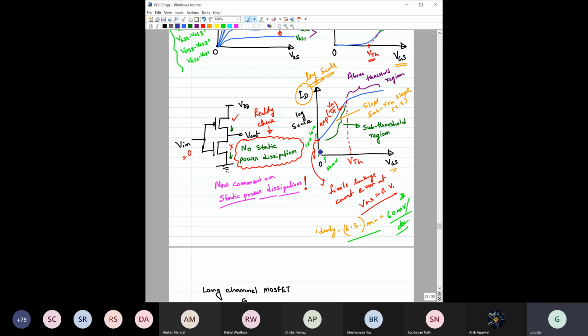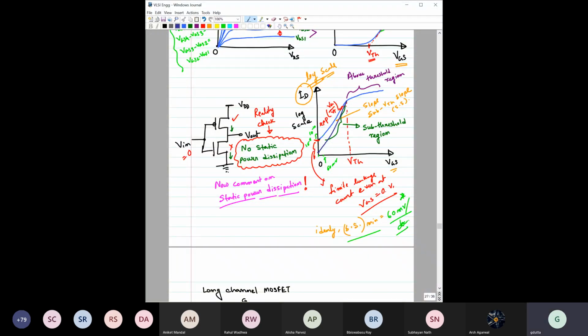Then this curve can be considered like this. With reduced subthreshold slope, you see the leakage current has significantly reduced. So the static power dissipation due to this leakage current will be significantly reduced because of this reduction in the subthreshold slope.